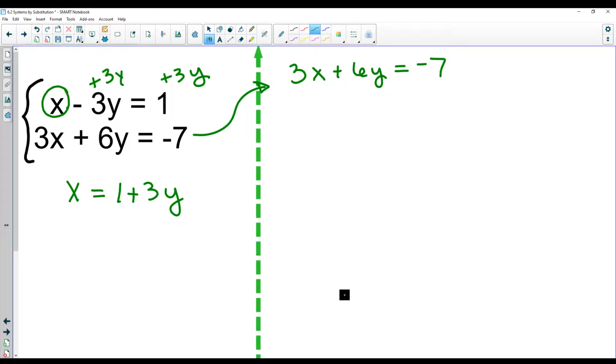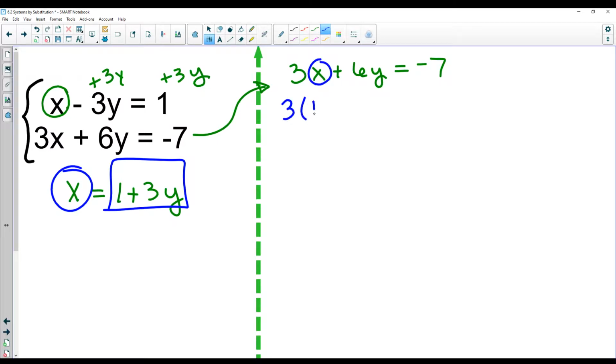Okay? Now, at this point, you have a clue. This says x equals. That means this stuff has to go in the place where x is. So, right here where x is, you're going to put in 1 plus 3y. Okay? And then we're going to solve this. So, distributive property.